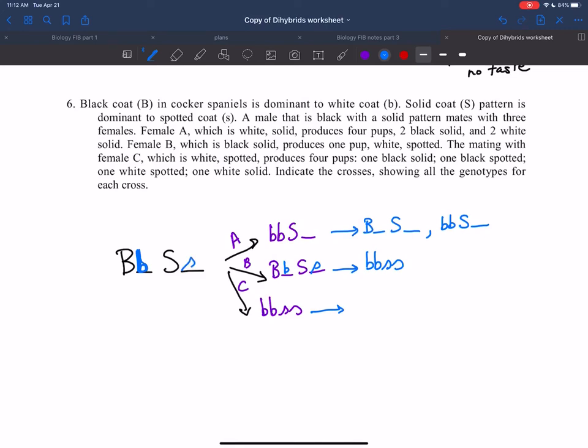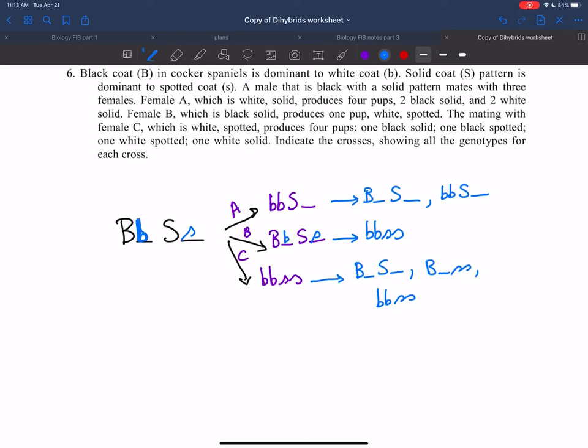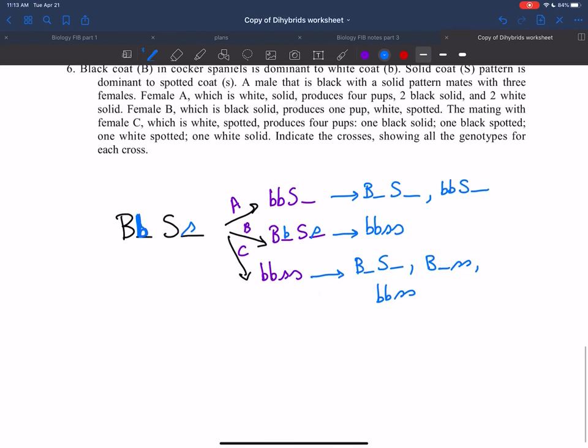Now when it comes to the third female, she is white spotted and produces 4 pups: a black solid, a black spotted, and 1 white spotted. In this case we already have the dad, so it wants to know showing all the genotypes for each of the crosses.